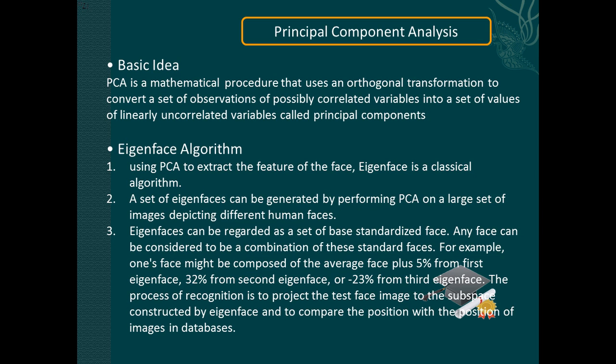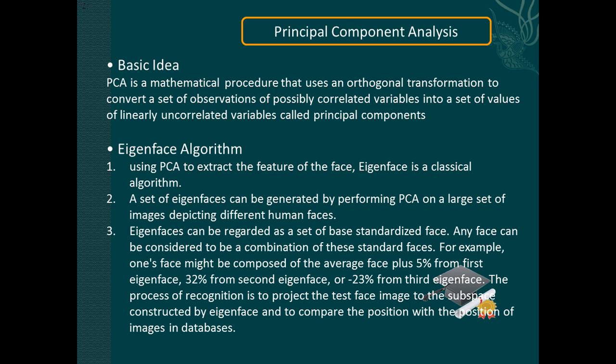Now I focus on principal component analysis. So what is PCA? PCA is a mathematical procedure that uses an orthogonal transformation to convert a set of observations of possibly correlated variables into a set of values of linearly uncorrelated variables called principal components.